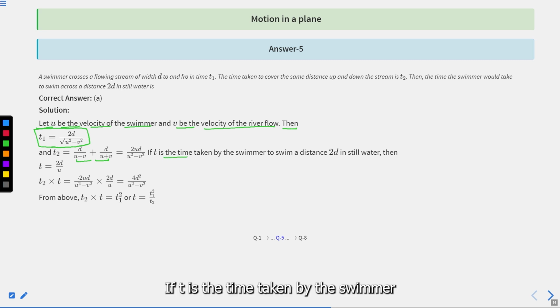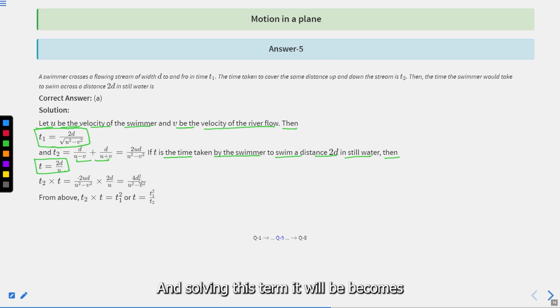If t is the time taken by the swimmer to swim a distance 2d in still water, then t is equal to 2d by u. So T2 into t is equal to 2uD upon u square minus v square multiplied by 2d by u.